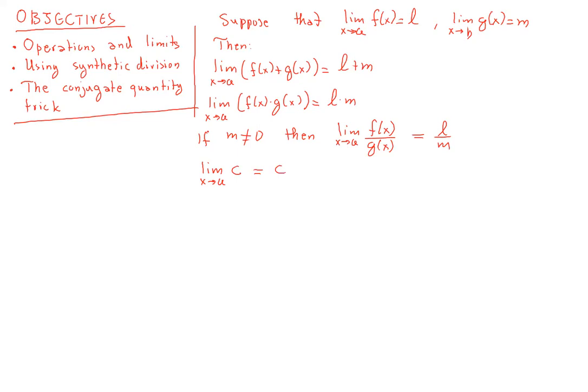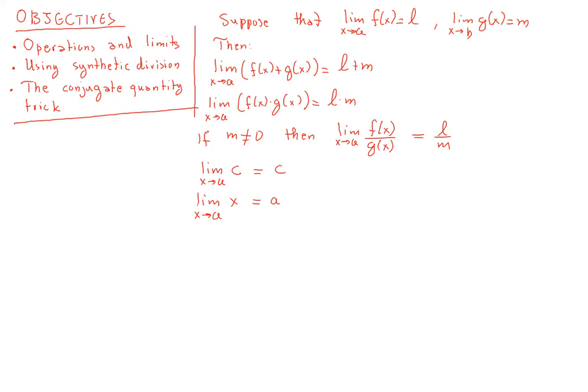And if you take the limit of the identity function, then this is going to be simply a. And this is actually kind of funny because if you read it, you will see that it's really a tautology, meaning as x approaches a, x approaches a. That's exactly what we're saying here. So there's not even a reason to try to justify it.